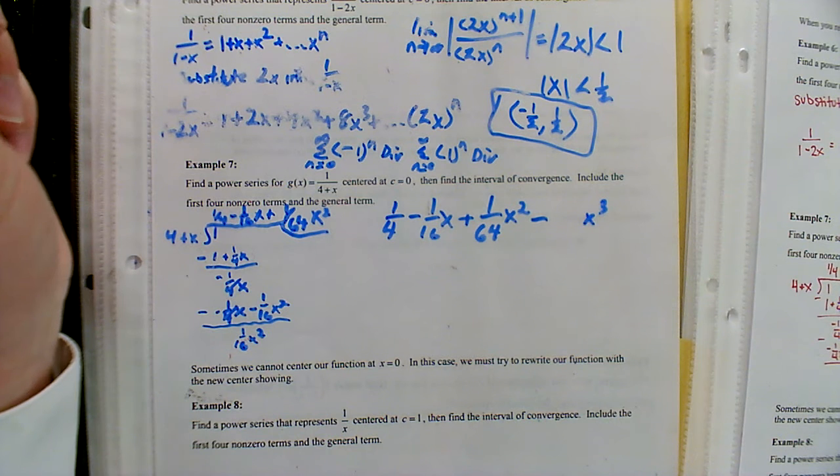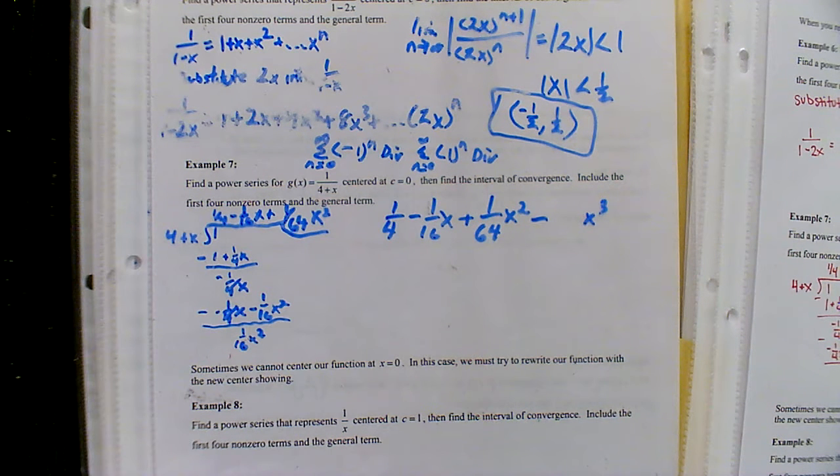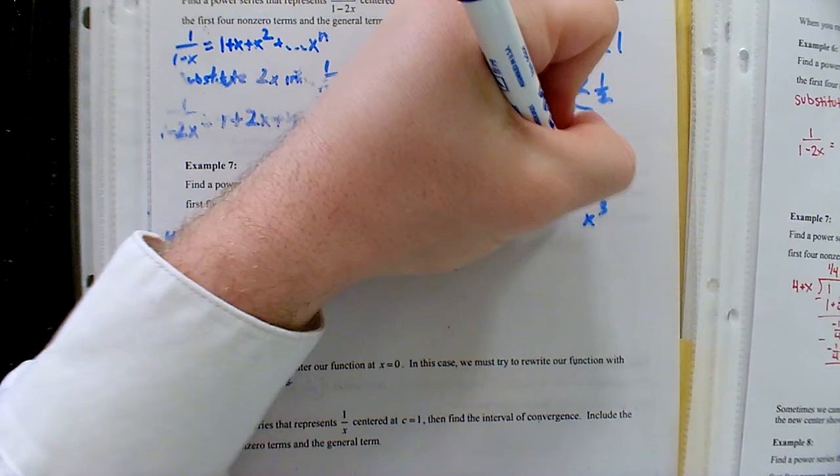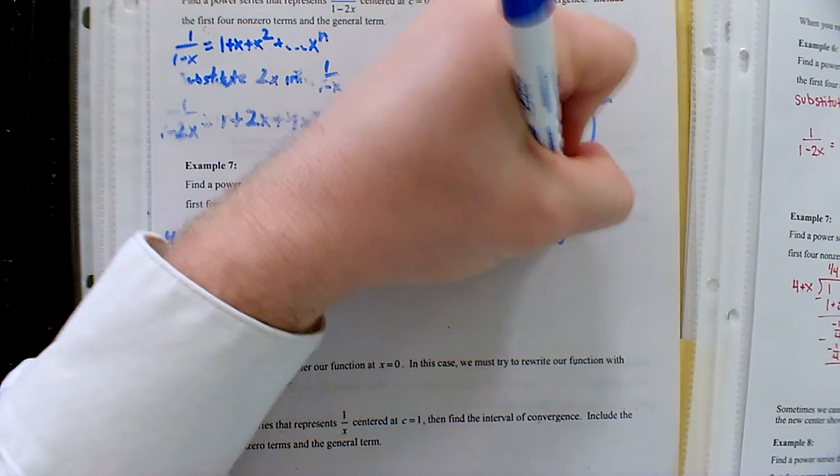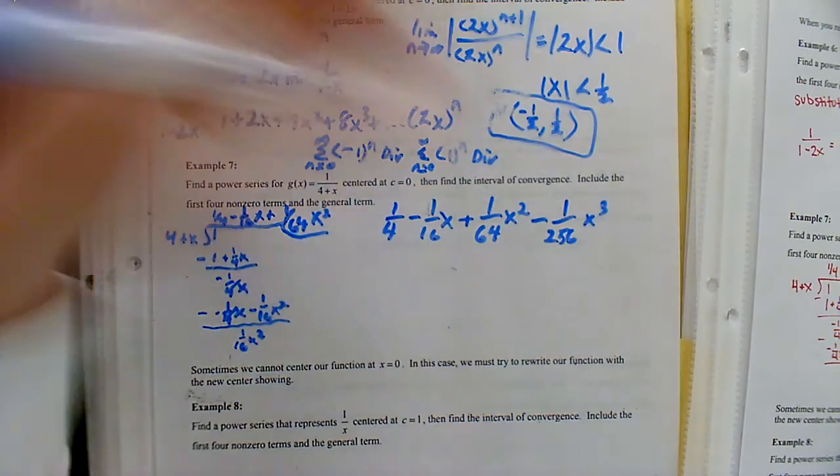What is the value in front? What do you think that's going to be? Yeah, 1 over 256. So that's the first 4 terms.